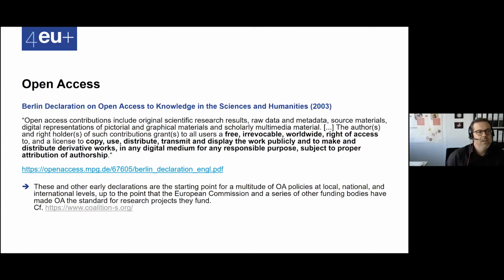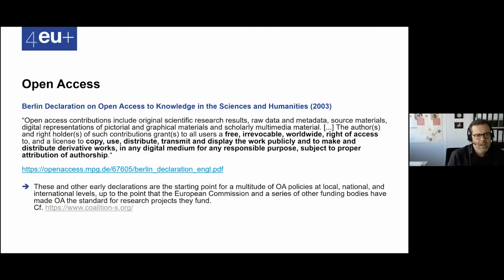So when you want to read what open access is according to the Berlin Declaration, you find: Open access contributions include original scientific research results, but not only these, but also raw data, metadata, source materials, digital representations of pictorial or graphical materials, and scholarly multimedia material.